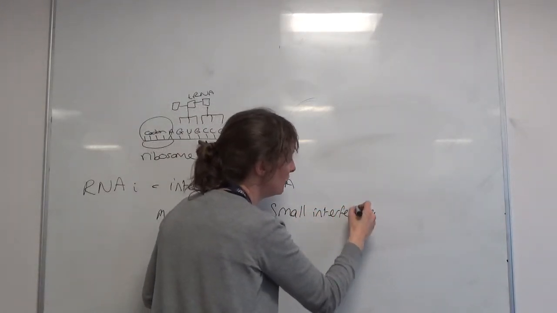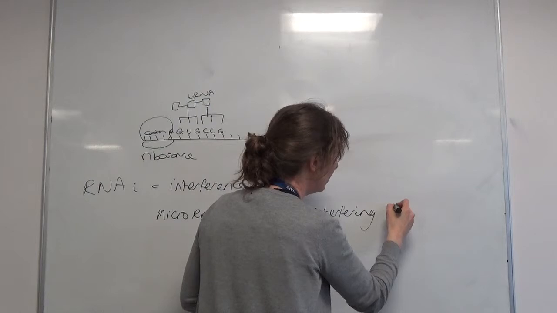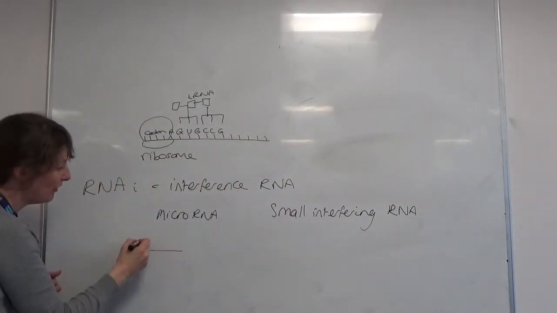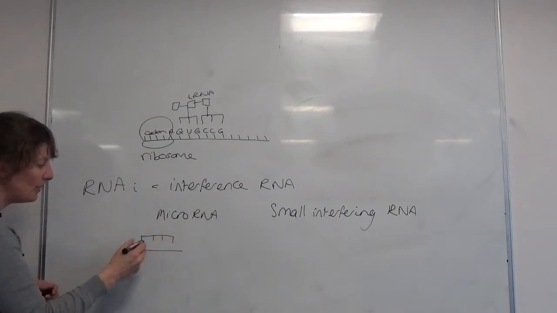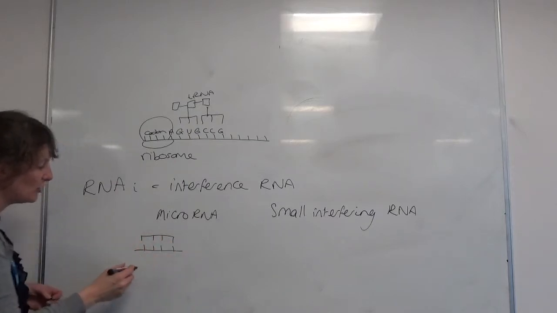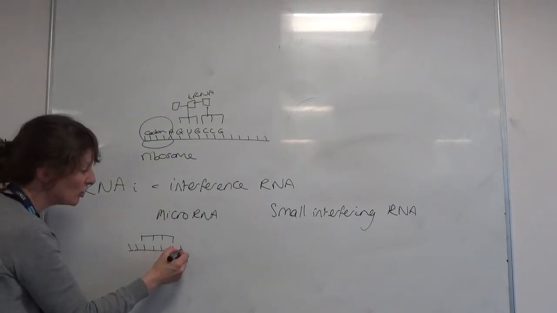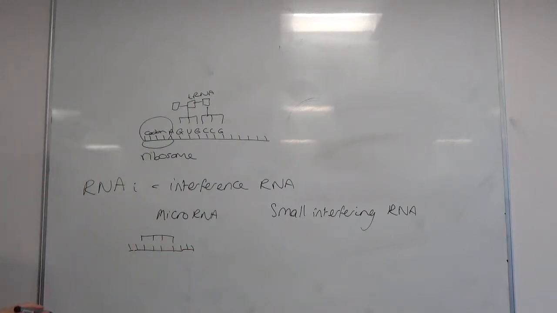The only real difference that you need to be aware of is that microRNA may not be a perfect fit. So the complementary base sequence might not be 100%, but it still works because some of the bases are complementary. So this means that microRNA could potentially bind to mRNA for a number of different base sequences from a number of different genes.